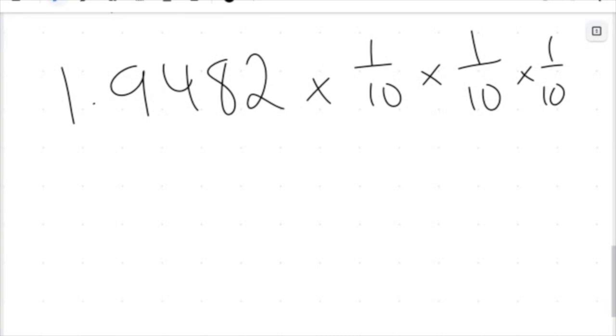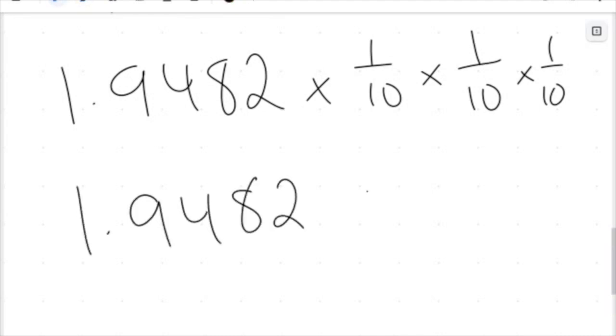So if I do this multiplication here, I'm going to get 1.9482 times, now all of my ones on the numerator multiply, and down the bottom, 10 times 10 times 10 gives me 10 to the power of 3.